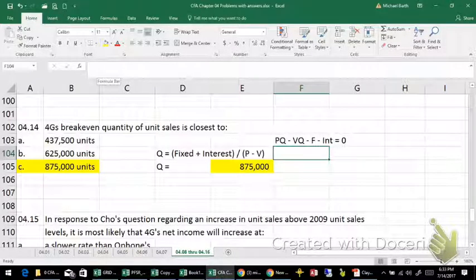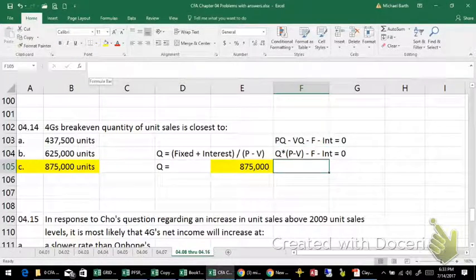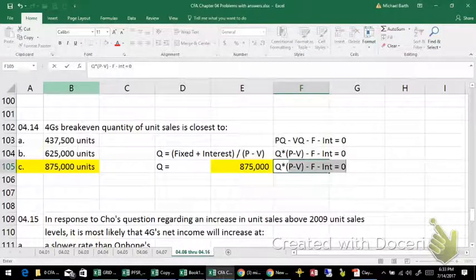Well, if we rearrange terms, I have Q times P minus V minus F minus interest equal to zero. Now I add the fixed expense and interest expense to both sides of the equation, and Q times P minus V is equal to F plus interest.